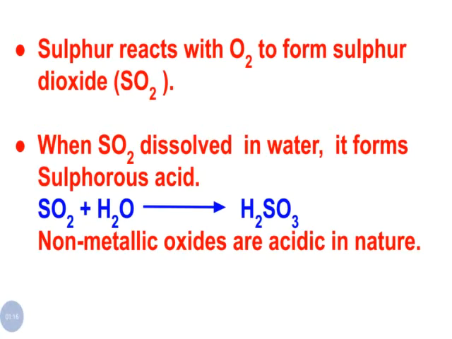Here sulfurous acid, as the name indicates, it contains acid. So the hydrogen concentration is more in it, and here we can generally say that non-metallic oxides are acidic in nature. So here the product contains acid. So generally we can say that non-metallic oxides are acidic in nature.